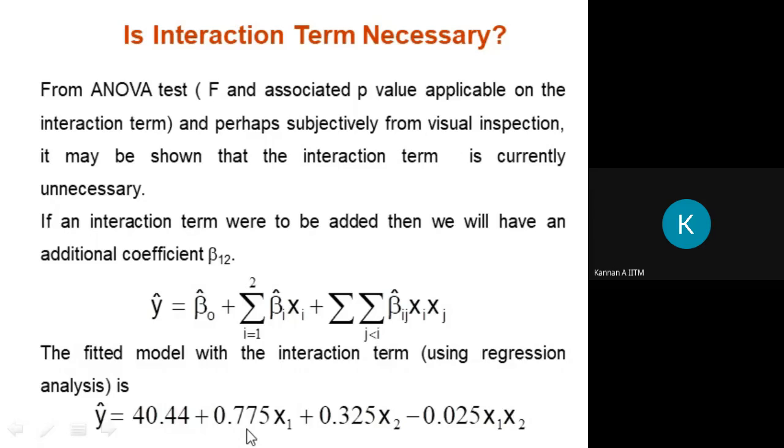When he visualized, he said that the contribution of sum of squares from x1 and from x2 are independent of the contribution from x1, x2. So all these terms are independent. If I fit only x2 and ignore x1 and x1, x2, I'll get only 0.325 x2. If I had ignored x2 and x1, x2 also, I would still get in my regression model 0.775 x1.